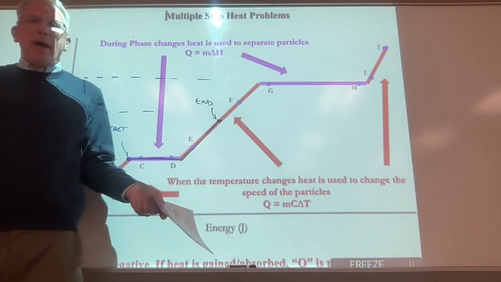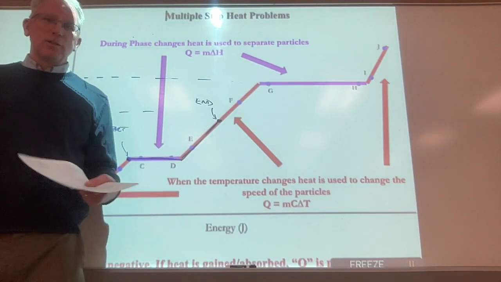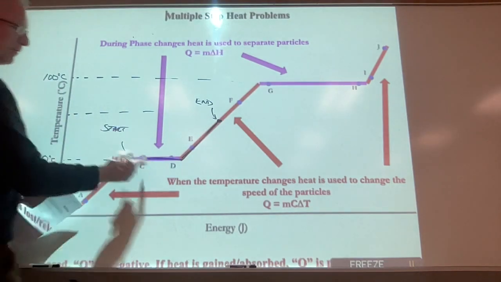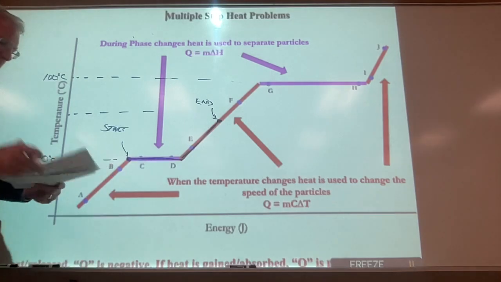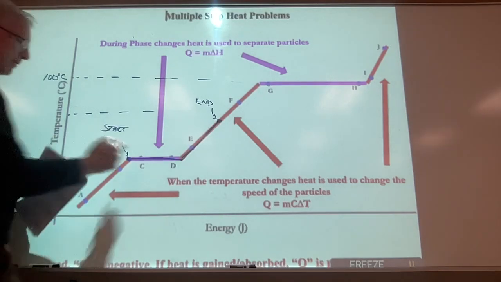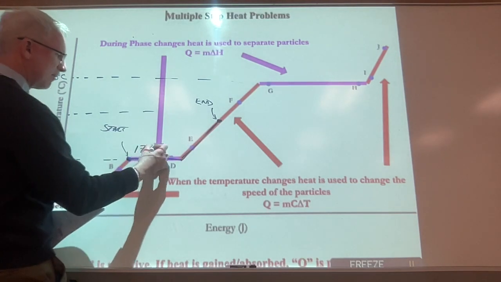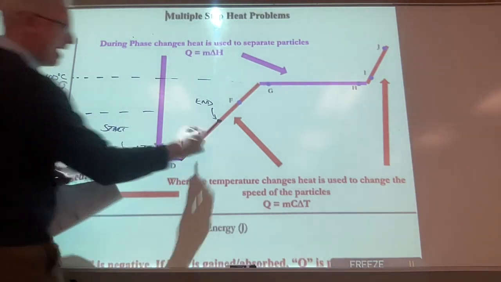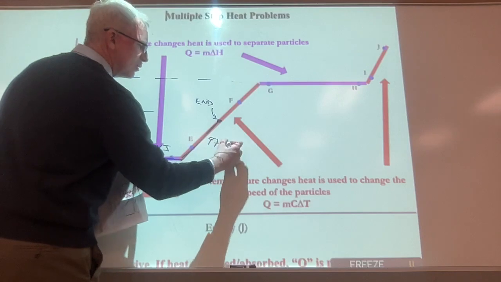Now, we've already done this math. Really, question 3 is just question 1 and question 2 put together. And we found out before that this was 175,000 or 175 kilojoules. And we found out that this one was 97 kilojoules.